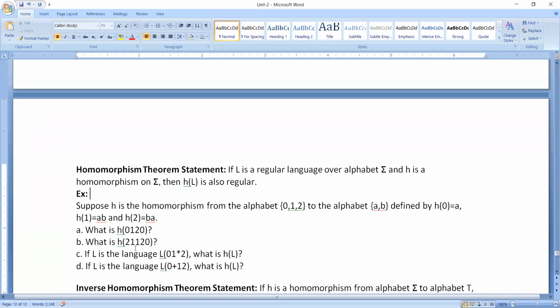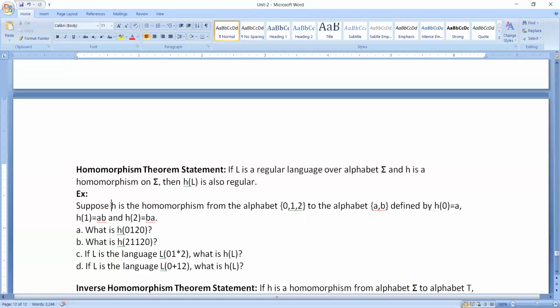And what about the homomorphism function? This homomorphism function will have strings made up of three symbols: 0, 1 and 2. Now we have a problem statement like this.